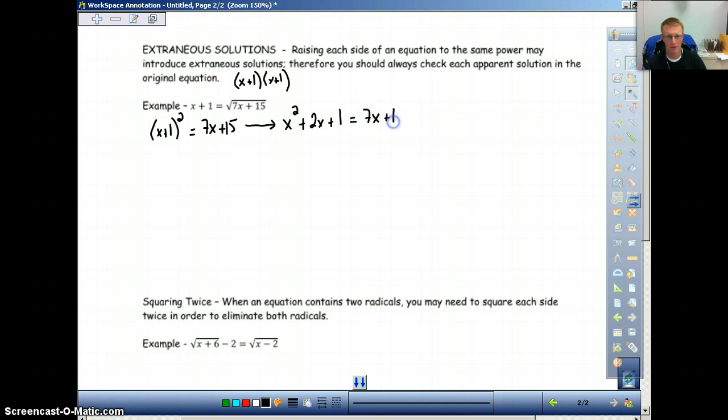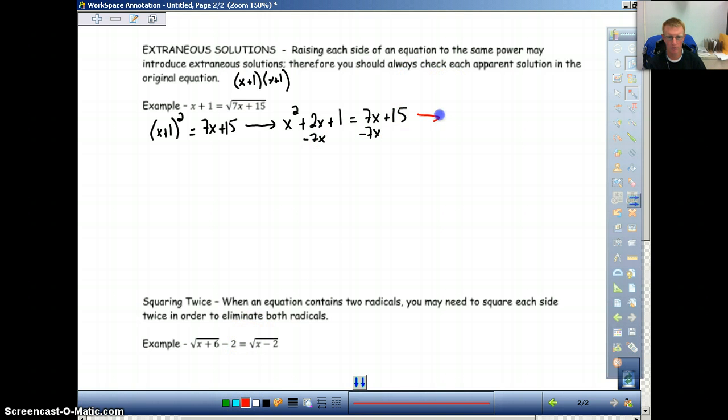So from here, because it's a quadratic, because we have squared, we need to move everything to one side and get this equal to 0. Because then we can either use our calculator, or we can factor, or we can use the quadratic formula to solve. So I'm going to go ahead and subtract 7x from both sides. I'm going to change the colors here so that way you can see we're moving on.